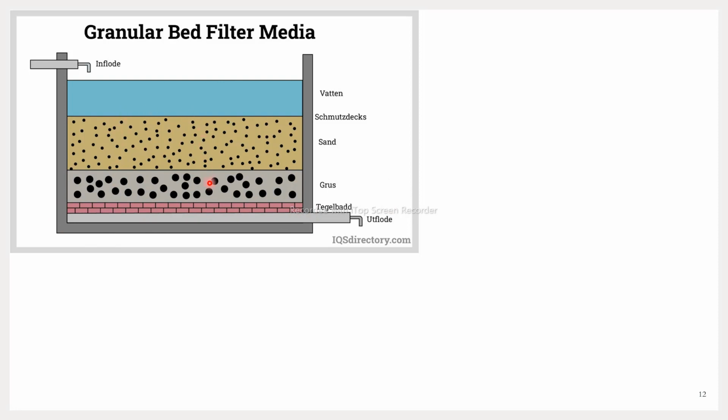All of them basically separate very fine particles which are insoluble in nature, that means their diameter is more than 10 to the power minus 5 meter or 10 to the power minus 3 centimeter. So those types of particles are separated with the help of this granular bed filter media.